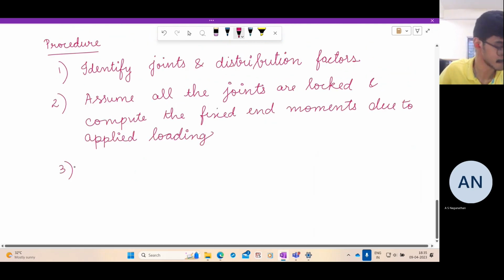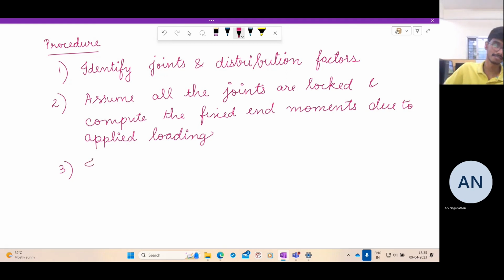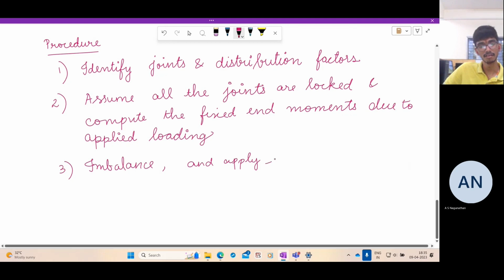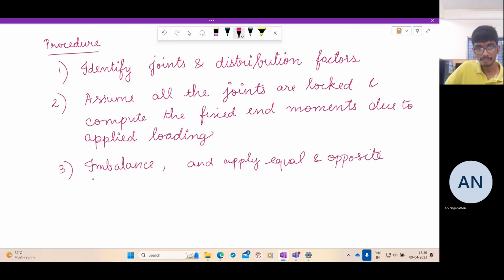The third step is, once you have determined the fixed end moments, compute the moment imbalance. Find out the imbalance and apply an equal and opposite moment to the joints and release them. So you compute how much the equilibrium is violated, then apply equal and opposite moments to the joints and release them.